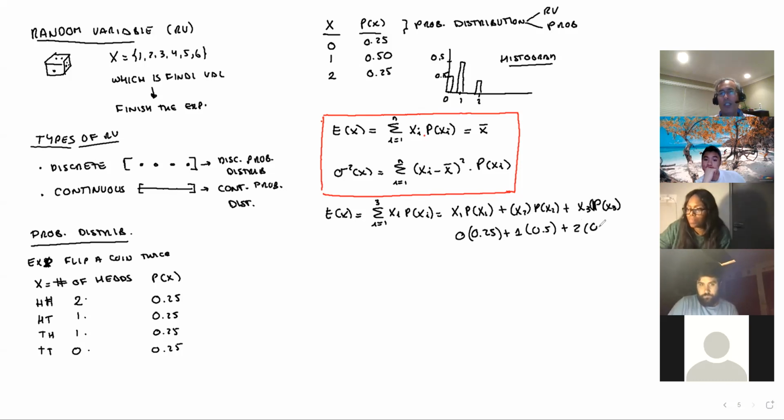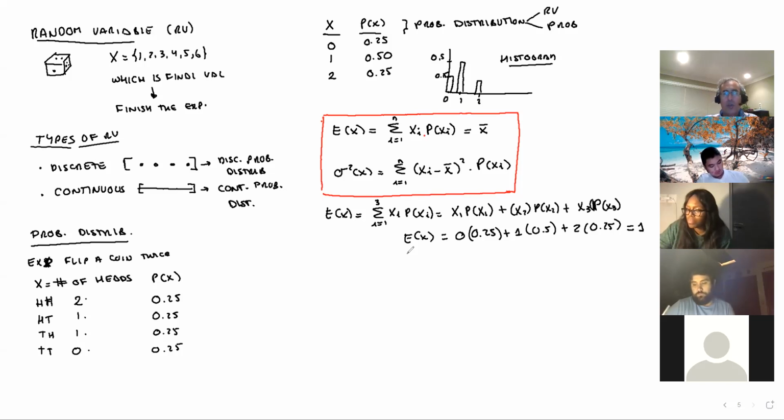The value of the probability is 0.25. So if you do this, this is 0.5, this is 0.5. This is equal to 1. So on average, guys, what is the expected value of your experiment? 1. So basically, on average, what I expect is to have 1 head. So that's the meaning of this.